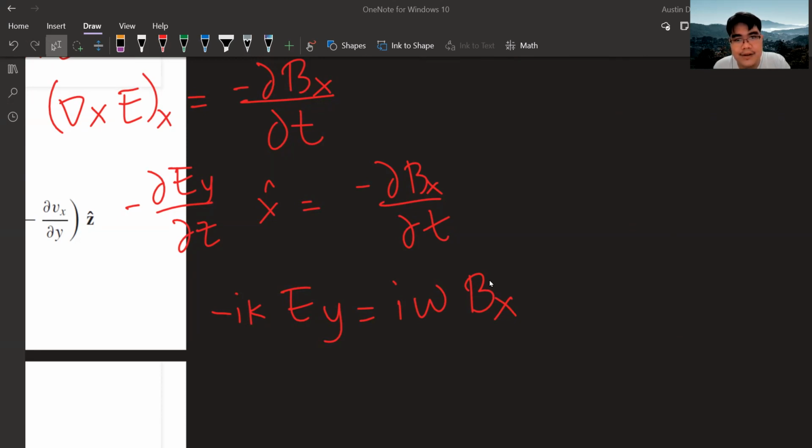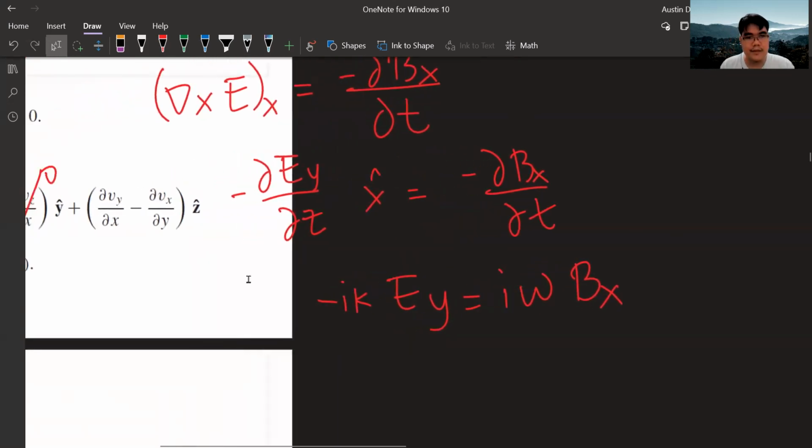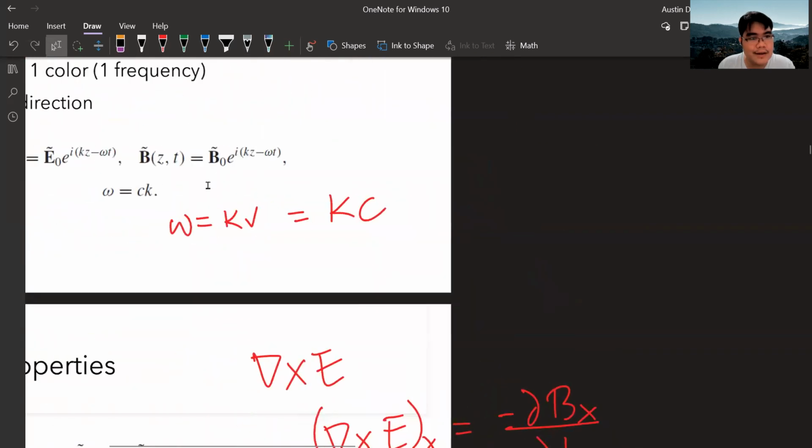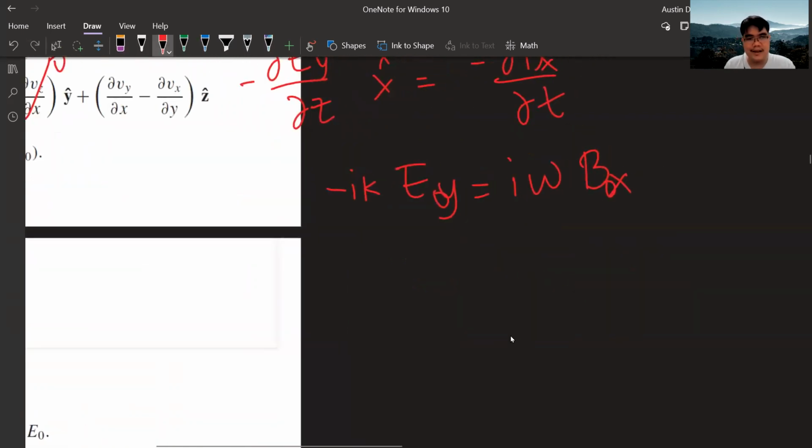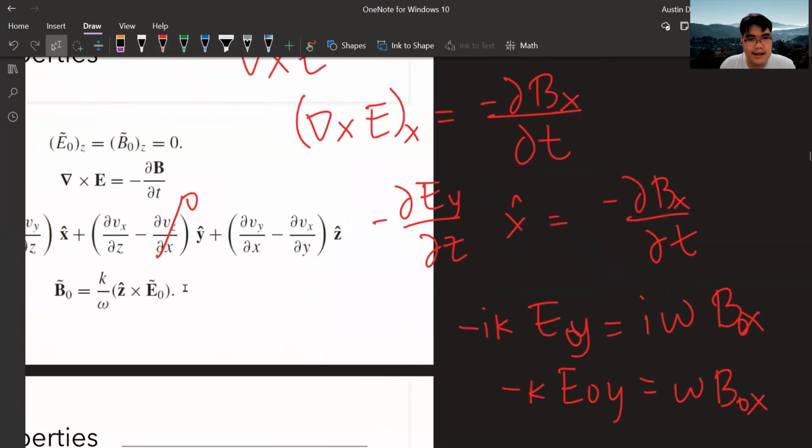You have this equation and then, tama ba yung notation ko, guys? B naught. So, cancel i, negative k E_y, omega B. Okay. Now, let's try the other one.